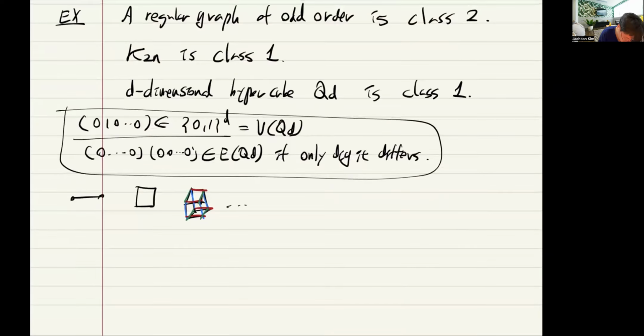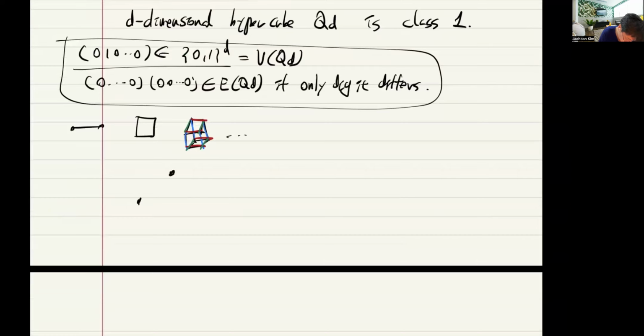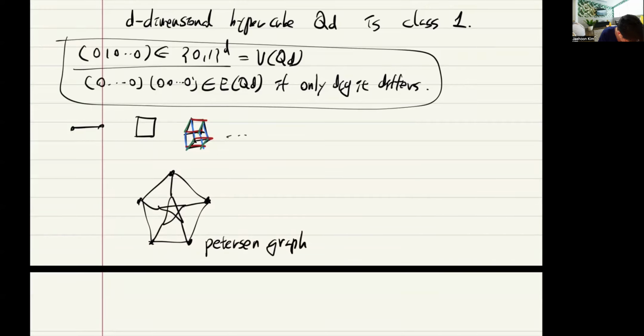Another possible example is the graph called the Petersen graph. You can check that this is class 2, meaning that you cannot color the edges with 3 colors. You need at least 4 colors.